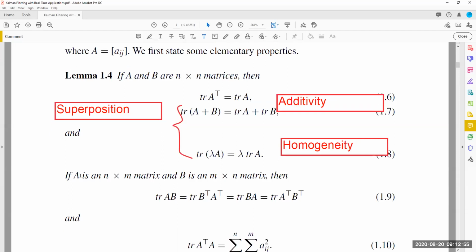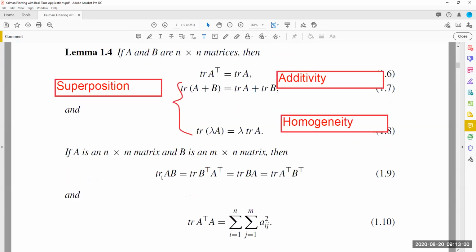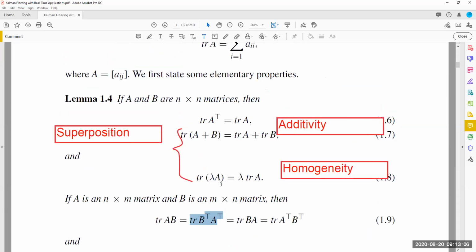Then if A is an n by m matrix and B is m by n, then we have trace AB is the trace of B transpose A transpose.